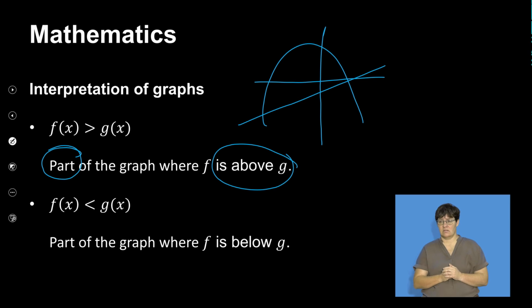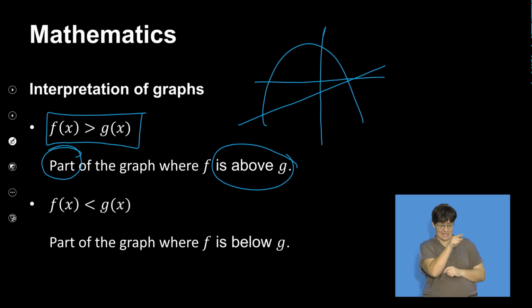When I want the values of x where the y of f is bigger than the y of g, I'm simply saying I want where the parabola, let's call this one f, is above the straight line graph.